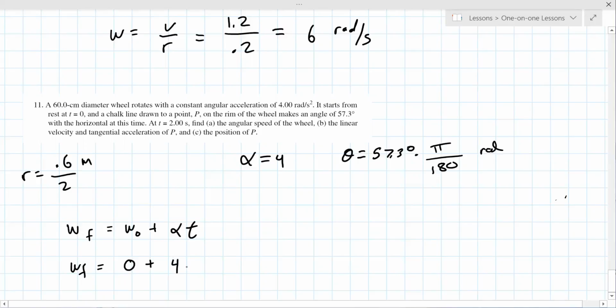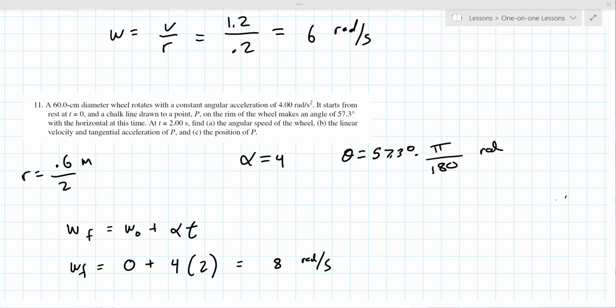We know that alpha is 4, and we know that t is 2. So this is 8 radians per second. Is that correct? Yeah, that's correct for part A, the angular speed of the wheel.